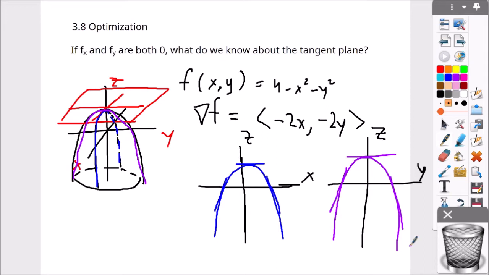So both fx and fy have to exhibit this behavior in order for it to be a relative maximum. Similarly, both fx and fy have to exhibit concave up behavior if the function wants to be a relative minimum.